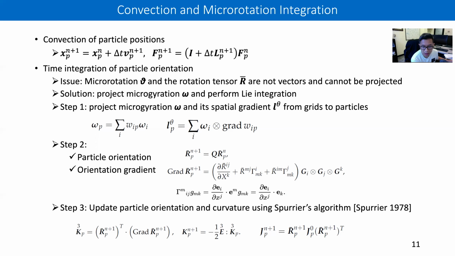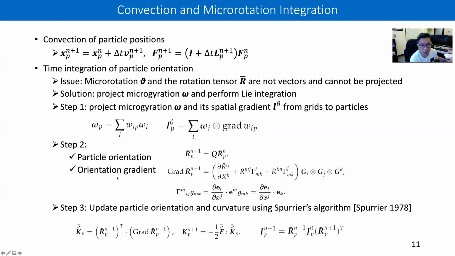But in each material point, we also have the orientations, and that orientation needs to be updated. The particle orientation is represented by a rotation tensor spanned by 3 orthogonal bases, and at time n, we need to apply another Q so that it rotates to the new orientation.